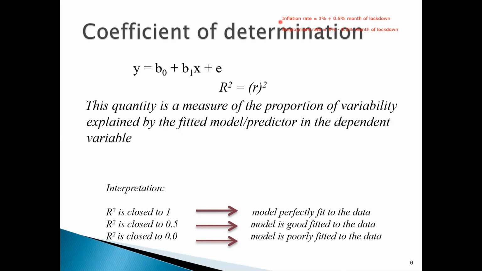So if we say that variation is 100%, and let's suppose the R square for regression equation 1 comes out to be 0.89, we will say the regression model which is constructed based on the months of lockdown, 89% of the variation in inflation rate, our dependent variable in our first equation, is explained by the months of lockdown.